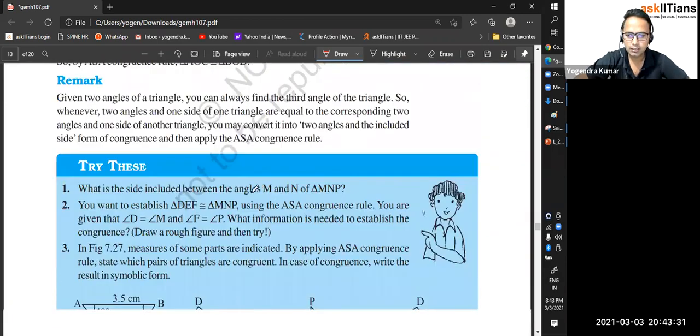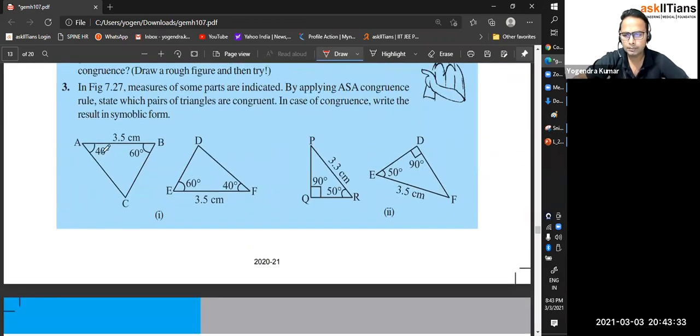Let me take you to the example here. Two angles and the included side, so they are congruent. Oh, it is not the included side. Let me show you. What is this angle, by the way? 40 degrees.